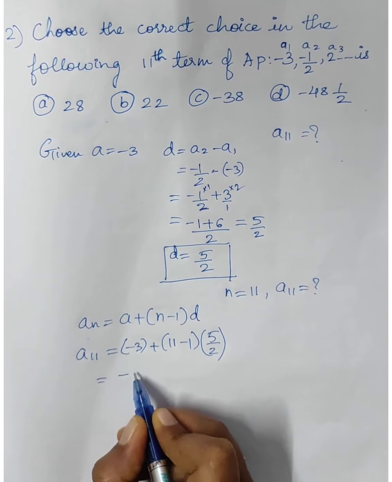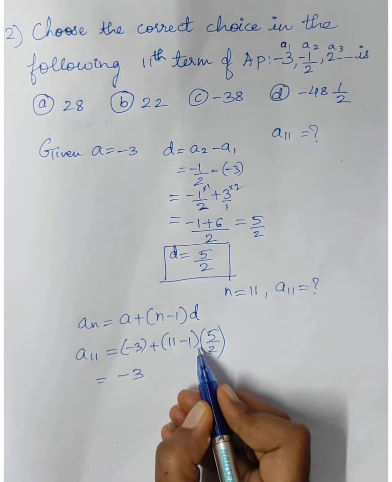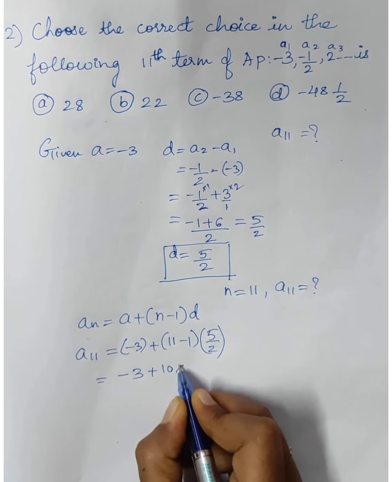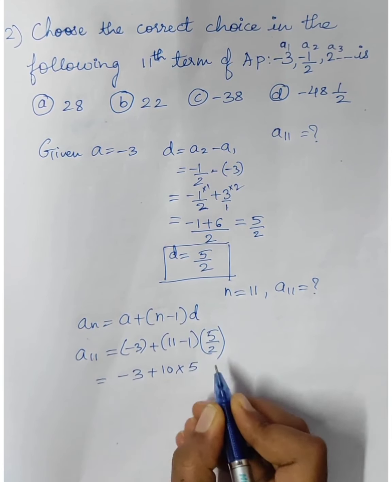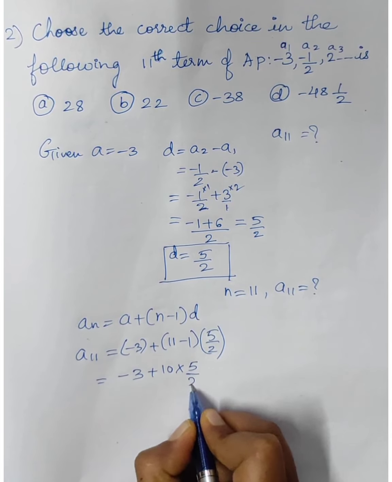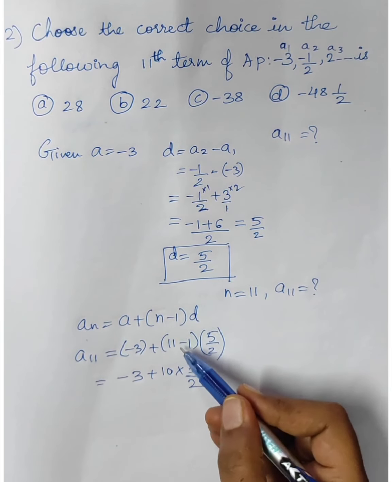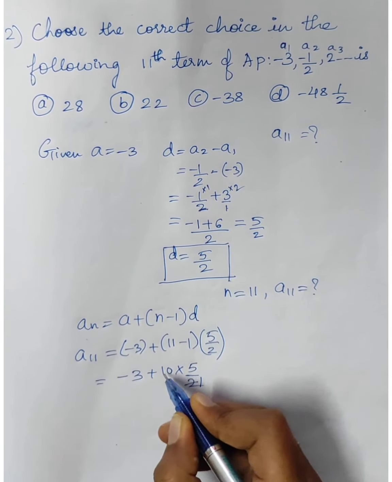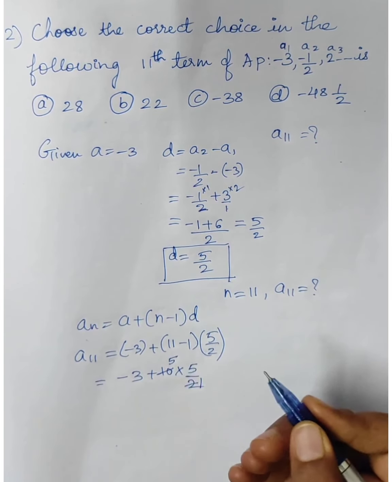So minus 3 as it is, 11 minus 1 is 10, so 10 into 5 by 2. 2 ones are 2, 2 fives are 10.